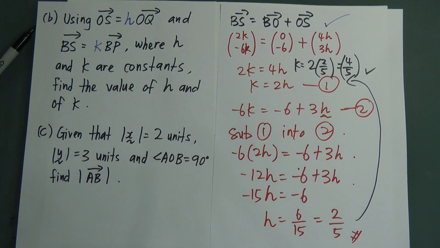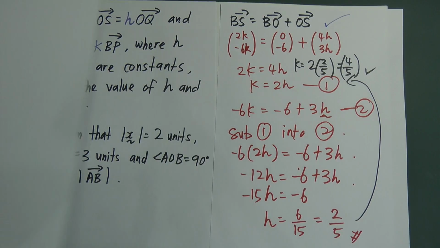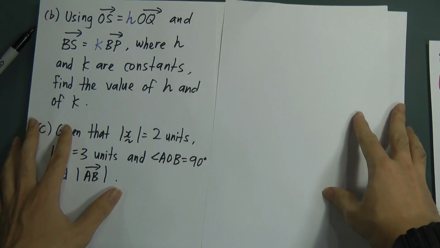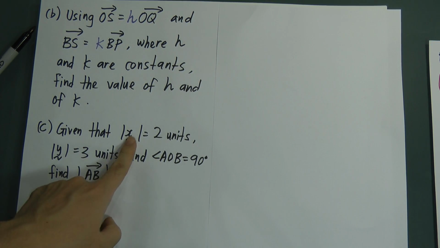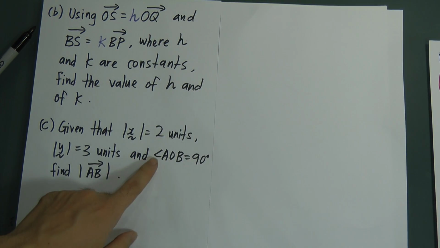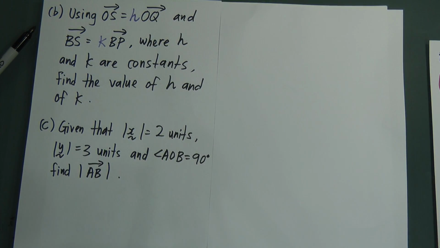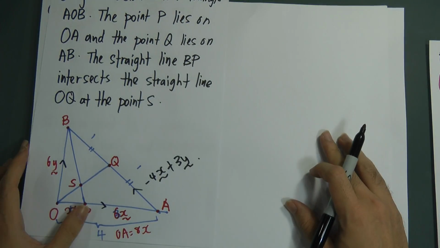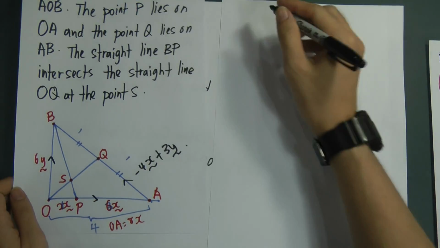Okay, the last part over here, let me take one more paper. They're trying to say that given that x equals 2 units and y equals 3 units, and then he gives you AOB is 90 degrees. So from this equation, I draw the triangle again for AOB.